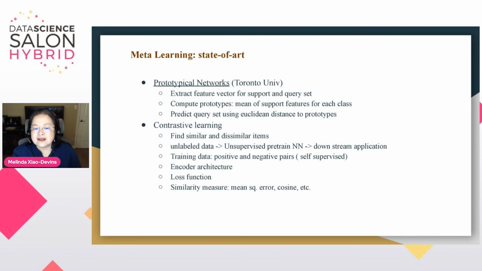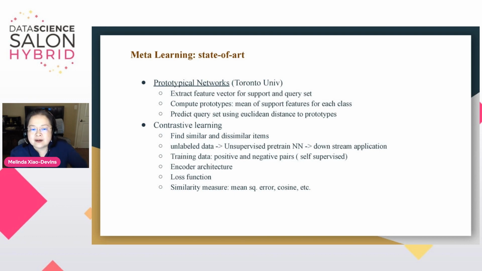Then you build an encoding architecture. The key here is to build a loss function so that in the feature space, the similar items stay close and the dissimilar items stay far apart. There are many ways you can try a similarity measure. One is cosine similarity, another is mean square error similarity.